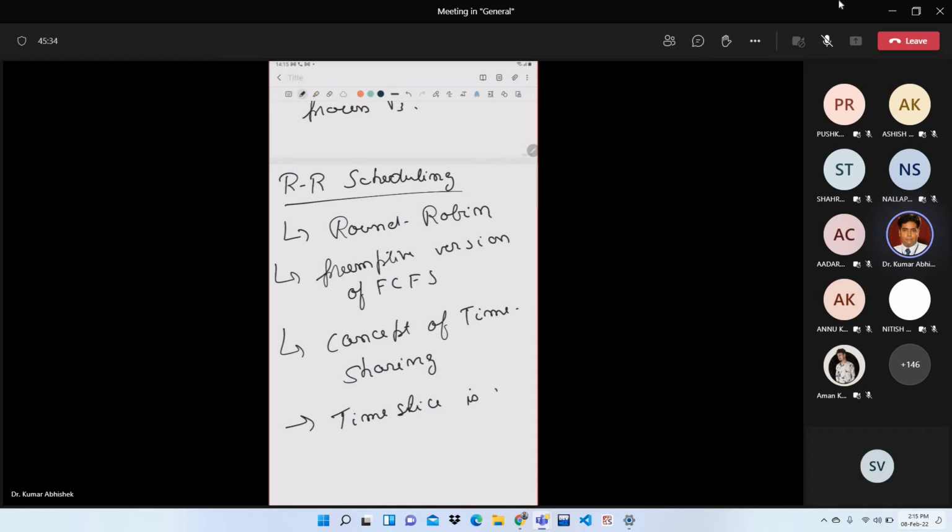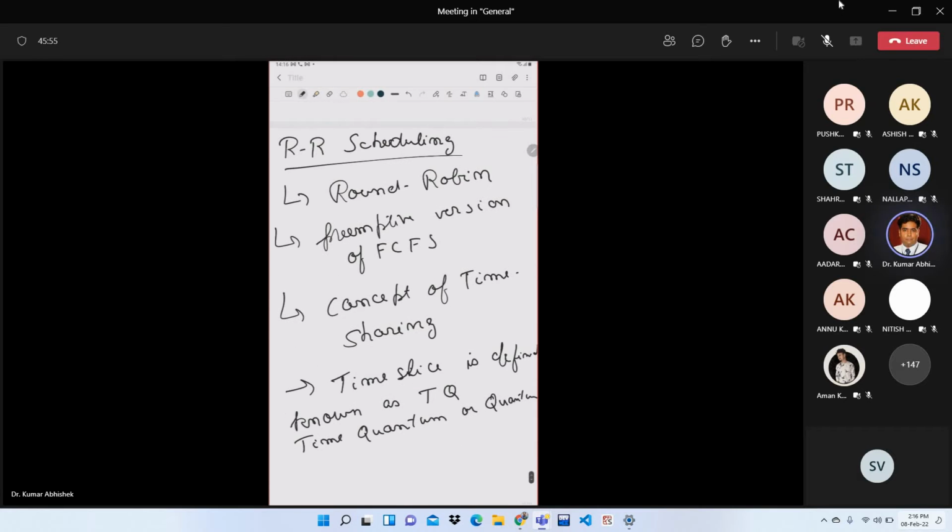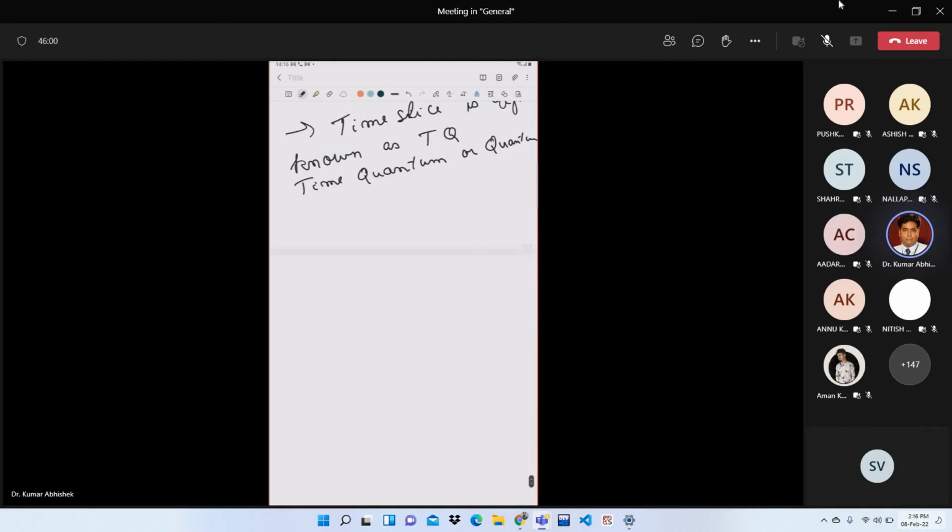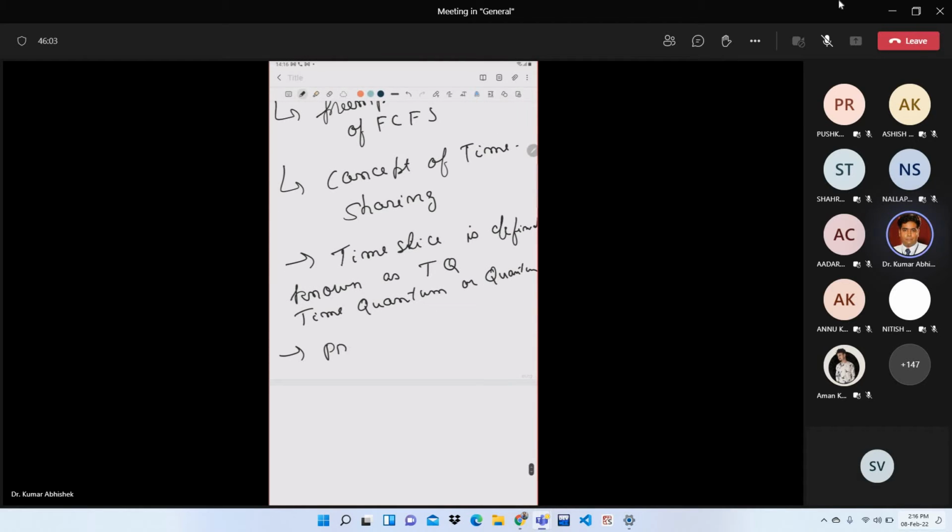The time slice is known as TQ, that is time quantum or quantum. And process execution is cyclic. Execution is cyclic.